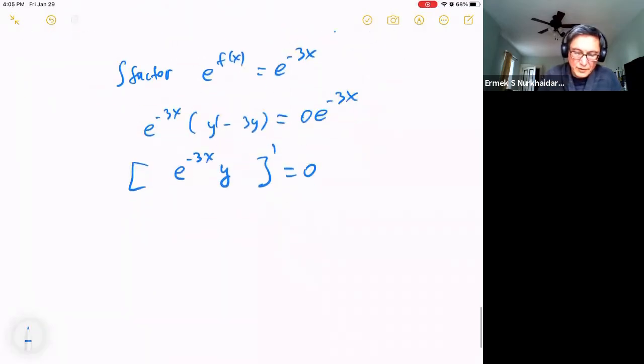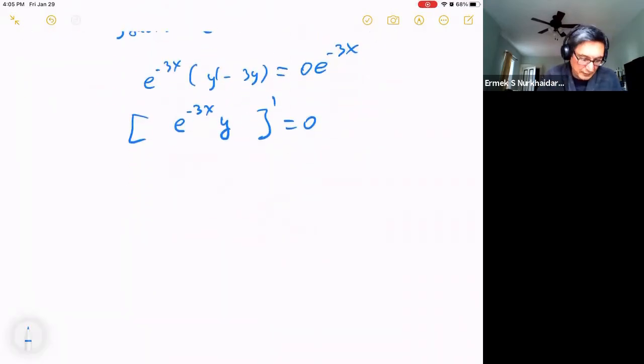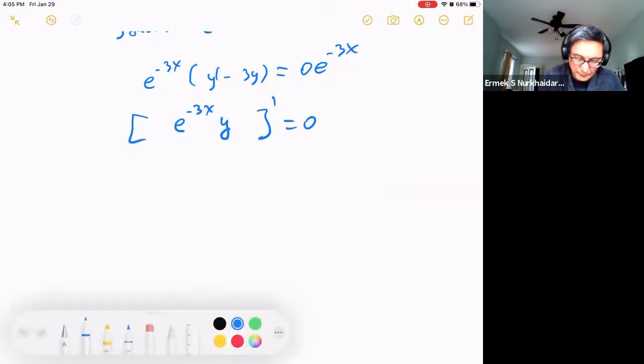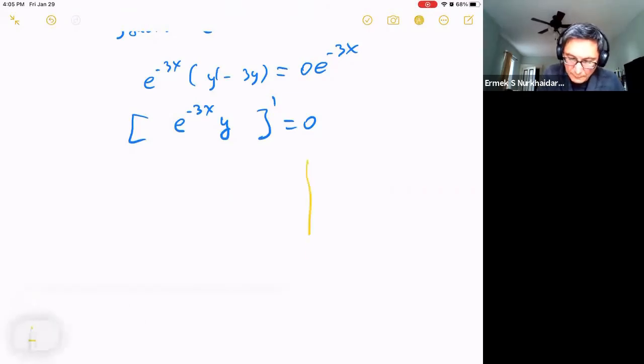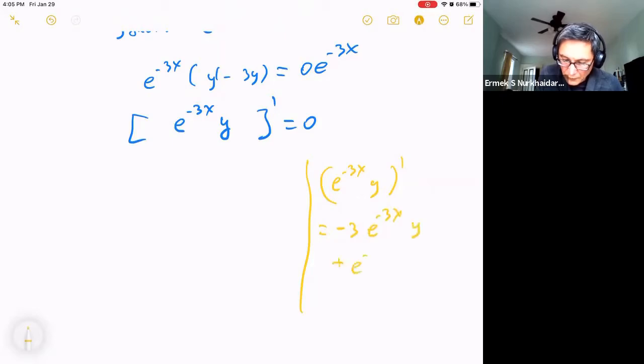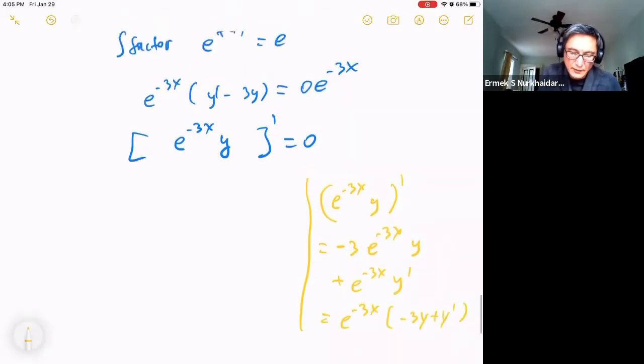Just for curiosity, at least once, let's check it on the side. If I take e to the -3x times y, I'm doing the product rule: the derivative of e to the -3x is -3 e to the -3x, times y, plus e to the -3x times y prime. Factor e to the -3x out, and we get -3y plus y prime, and that's exactly what is written here.